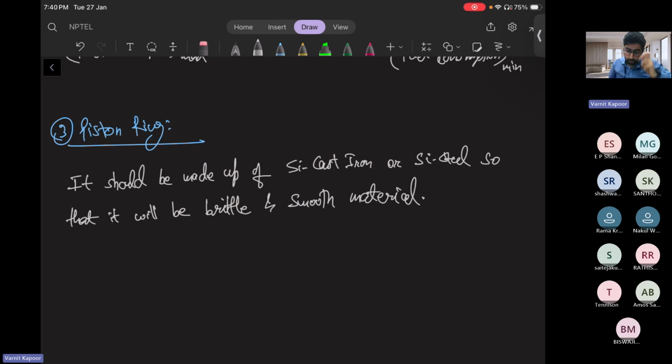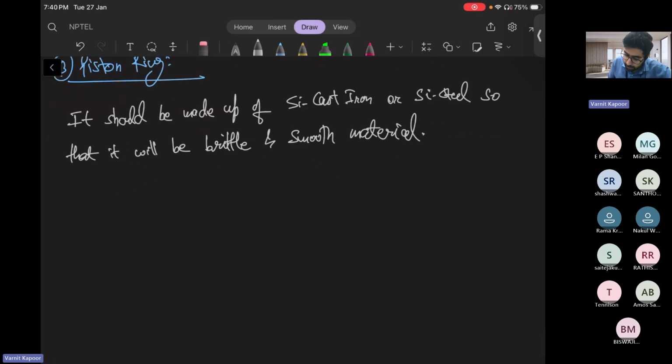Cast iron is brittle, I can say, which is to prevent the blow-by loss.